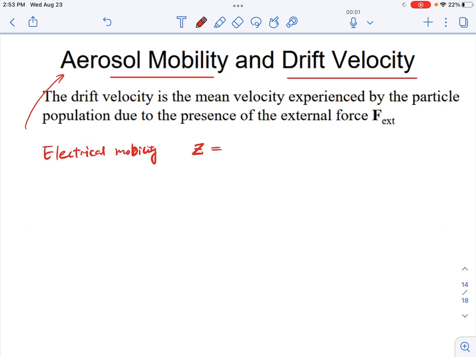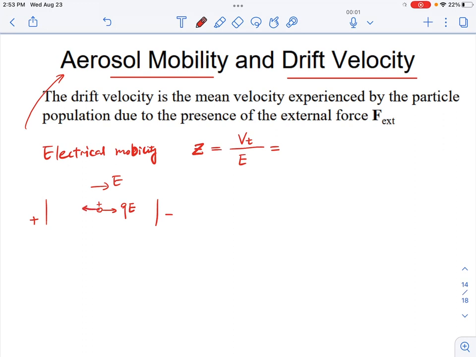The electrical mobility, which people represent with the letter Z, is defined as the terminal velocity of the particle under the electric field, normalized by the field strength. Now we can calculate the terminal velocity. When particles move within an electric field with field strength E, and assuming the particles carry positive charges, they experience an electrostatic force of QE.